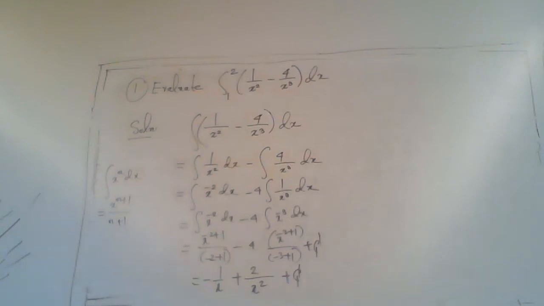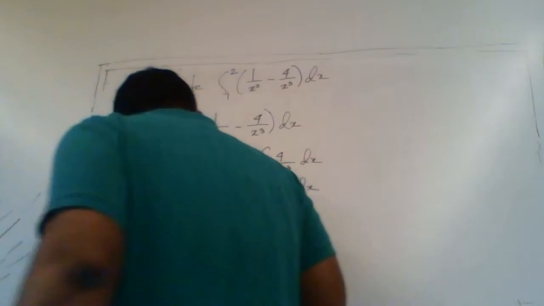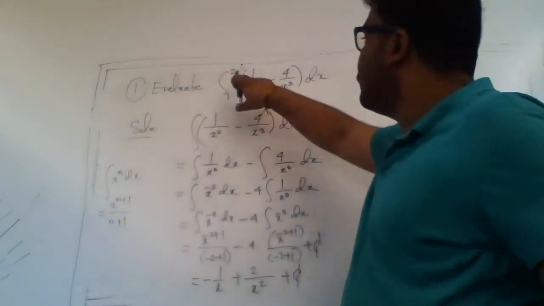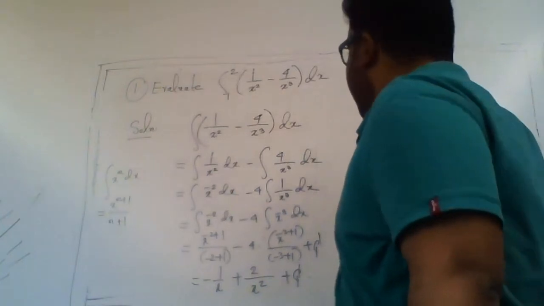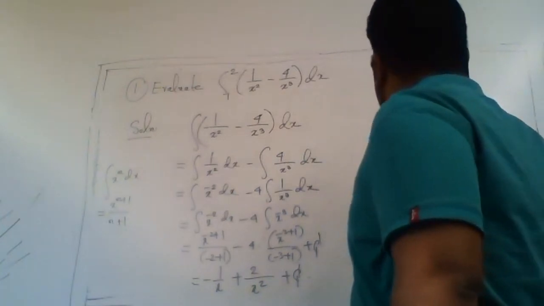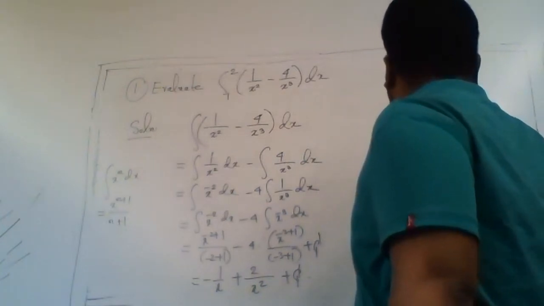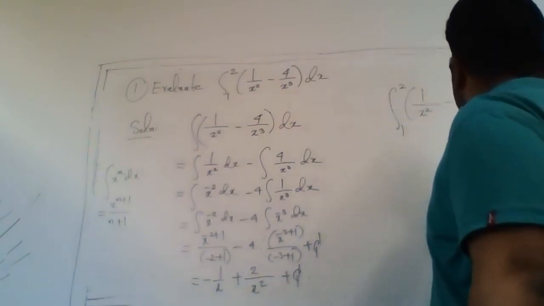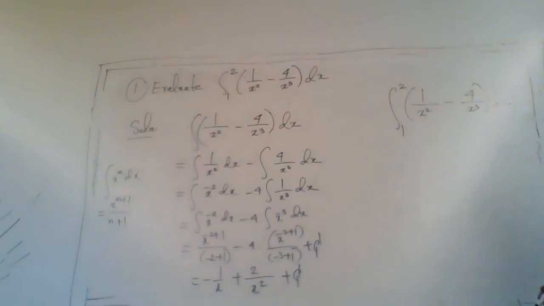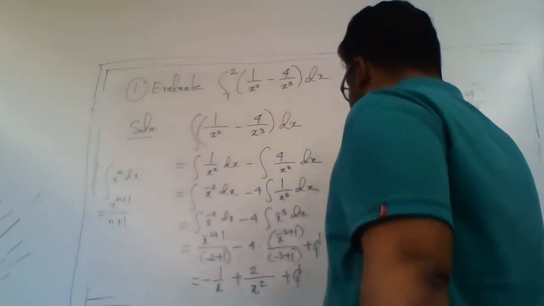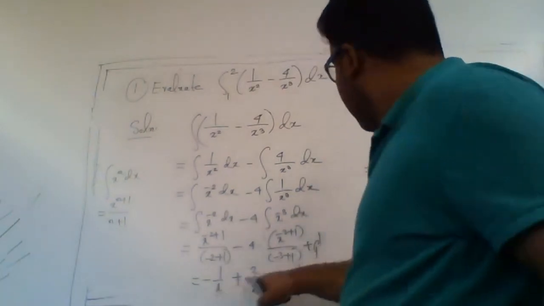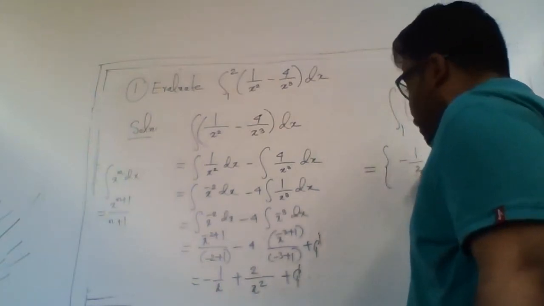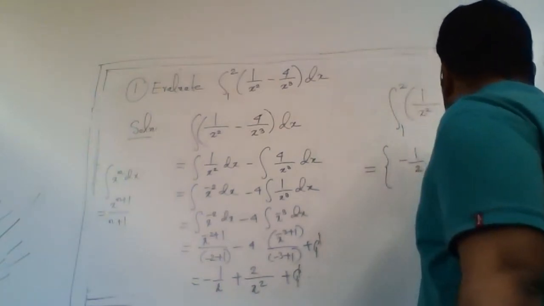Now, the evaluation theorem says, after you get this answer, what you need to do is plug in the top value and the bottom value, and find their difference. Therefore, integral from 1 to 2 of 1 by x square minus 4 by x cubed dx is given by, you put first the top value, that is 2 here, you get minus 1 by 2 plus 2 by 2 square plus c.